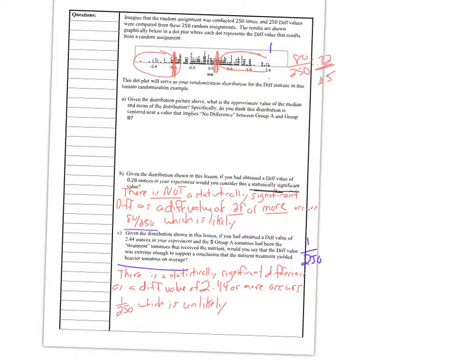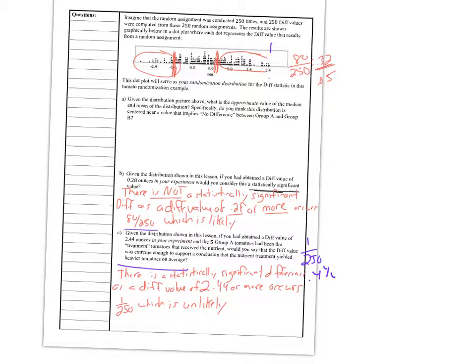And since it only occurs one time out of 250, which is 0.004, so 0.4%, that's definitely less than 5%, which means it is unlikely. If it's more than 5%, that means it must be within that 95% confidence interval, which is a likely event. This one's outside of it.